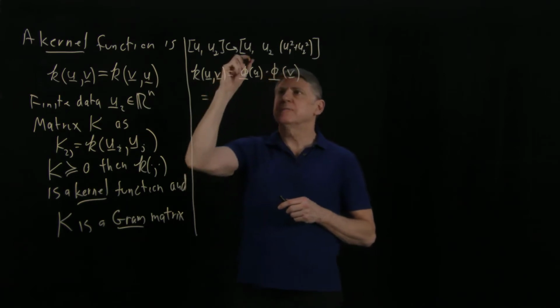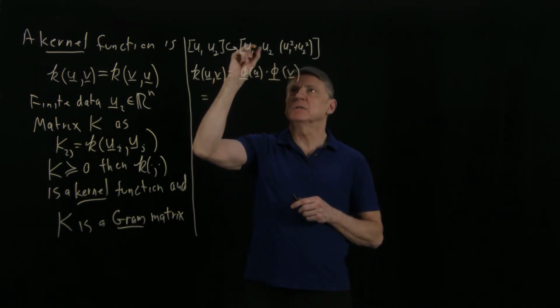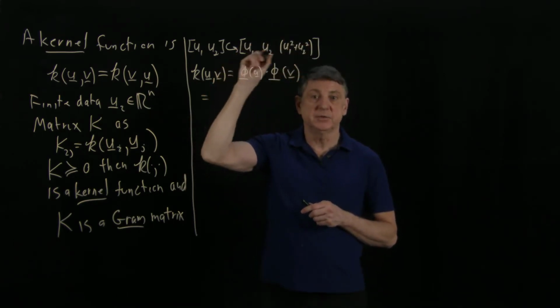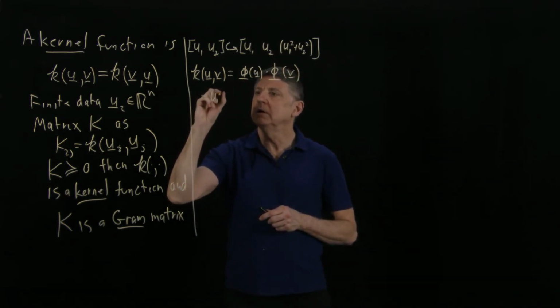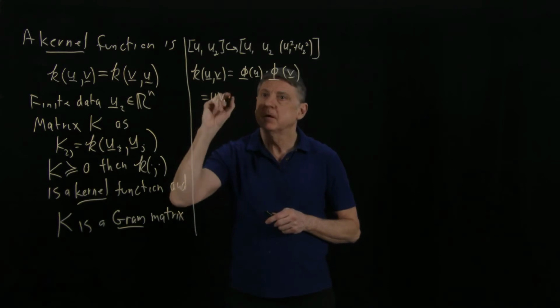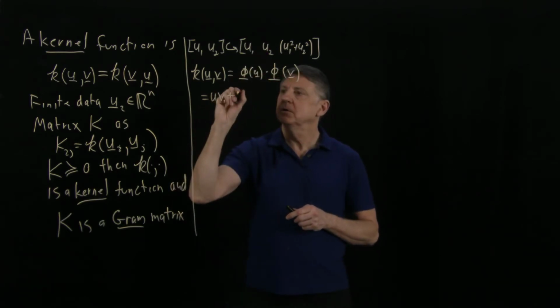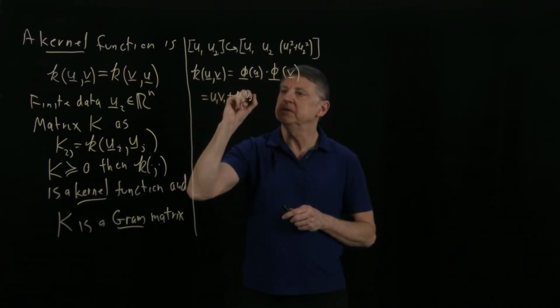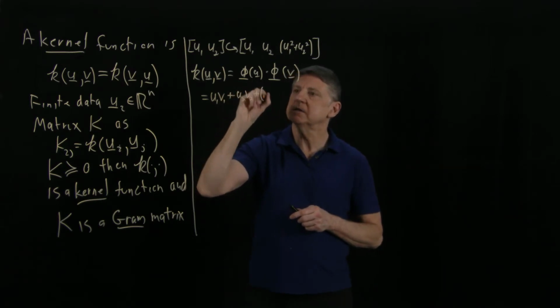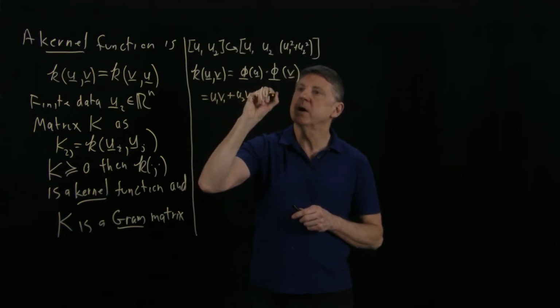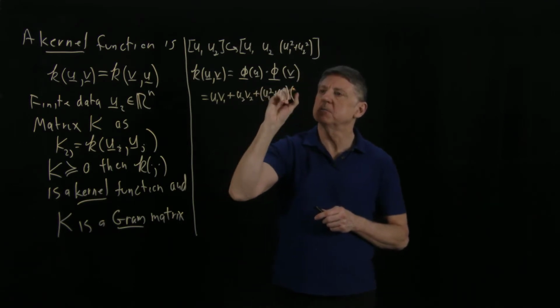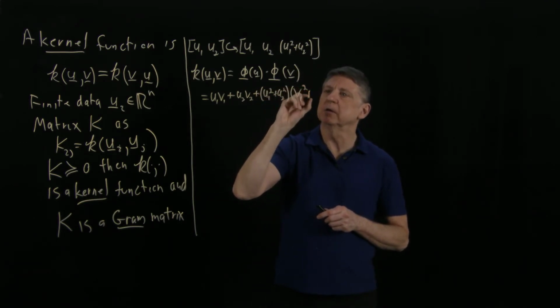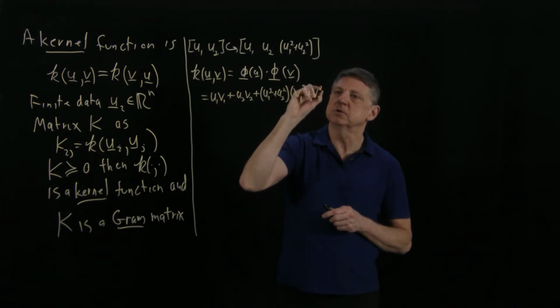So what will that work out to be? If I take the dot product of this with U's in it and this with V's in it, that would be U1 V1 plus U2 V2 plus U1 squared plus U2 squared times V1 squared plus V2 squared.